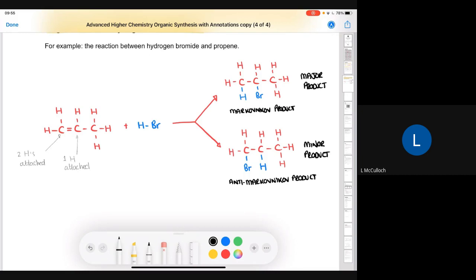Okay, so I'll give you guys a little moment just to have some time to copy that in before we move on to start to explain why Markovnikov's rule works. What's the explanation behind it? What's the chemistry behind why it does what it does?